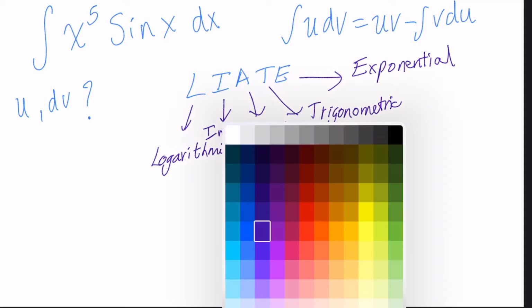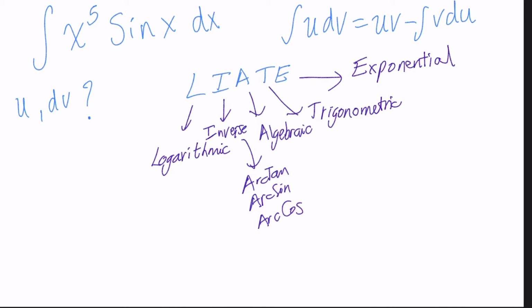Okay, we know what each letter means now. And why do I put this here? Because it helps to know how to decide u. So the order of preference is from left to right. For example, if you find two functions, in this case, x to the 5 power is an algebraic function, and sine of x is a trigonometric function. So how do we decide u?